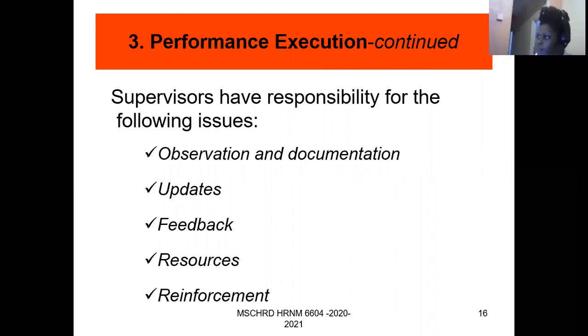Therefore, if the system does not allow for proper documentation, and we go back to the administrative purpose, then you're going to find that the organization's ability to implement discipline is greatly affected. The organization's ability to terminate or to do layoffs will have legal implications.